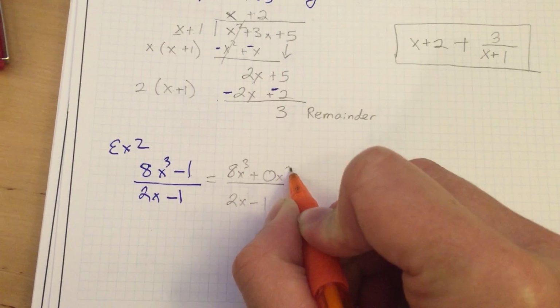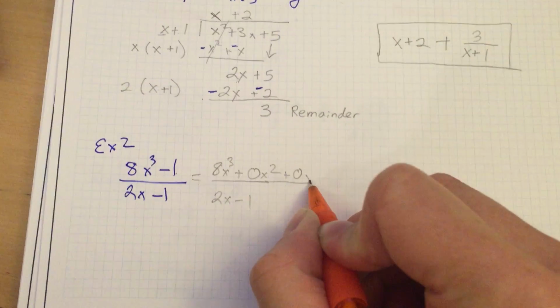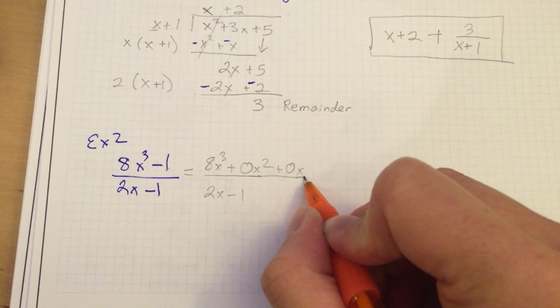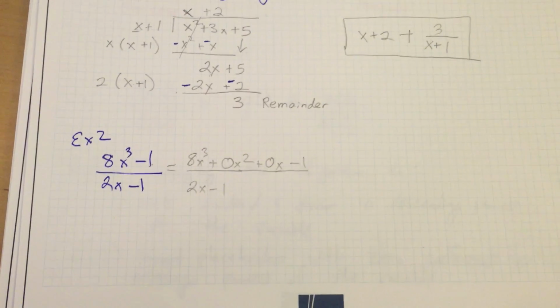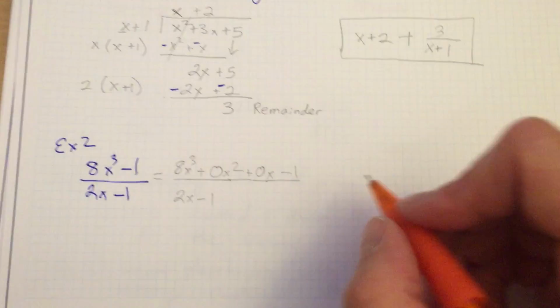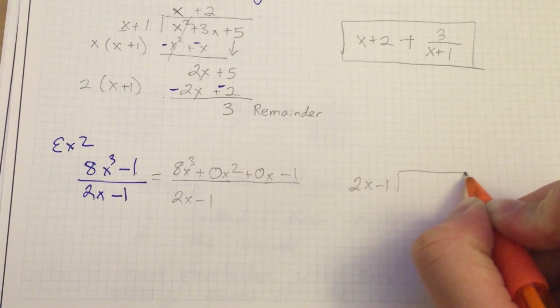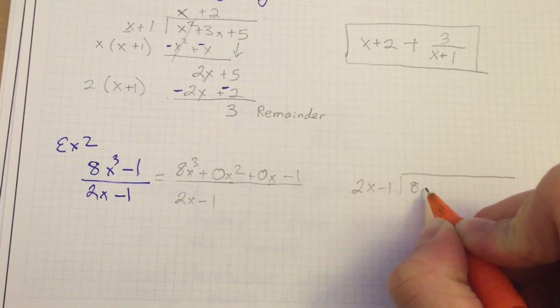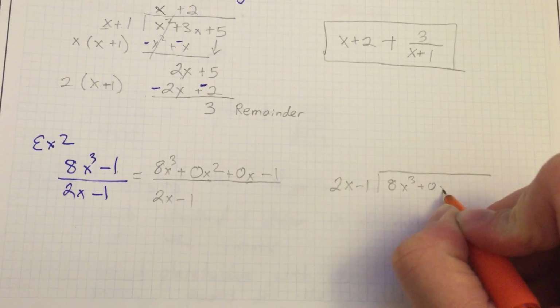I don't have an x squared, so it becomes 0x squared. I don't have a linear term, so it becomes plus 0x, but I do have a constant term, so that's okay. Again, we want to set it up using long division, so I'll say 2x minus 1, and then put our divisor underneath the long division symbol.